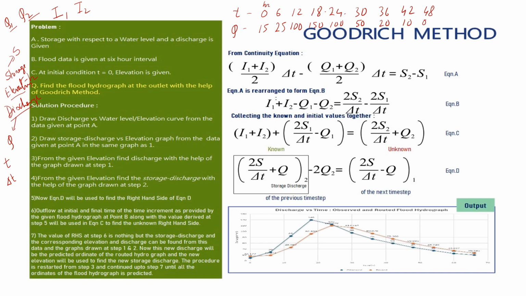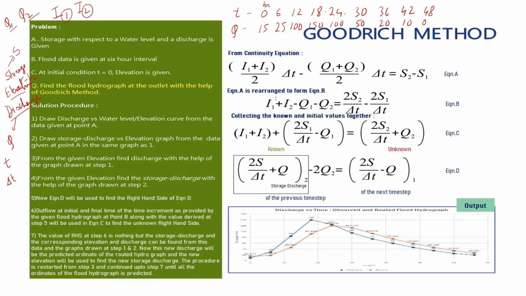If I take this entire time scale from 0 to 48 as a single time period, then 1 indicates the 0th hour and 2 indicates the 48th hour, because this is the finish of the time period.